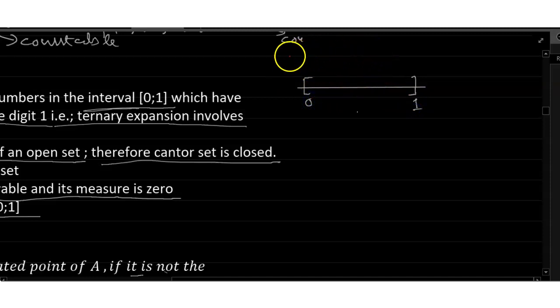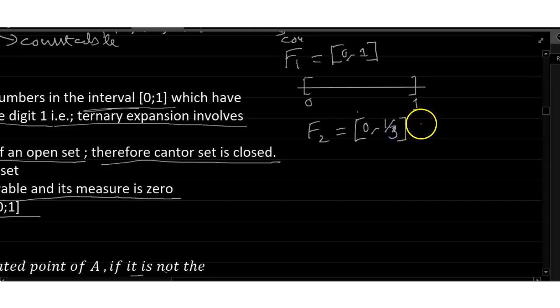F1 equals [0, 1], and F2 equals [0, 1/3] union [2/3, 1].